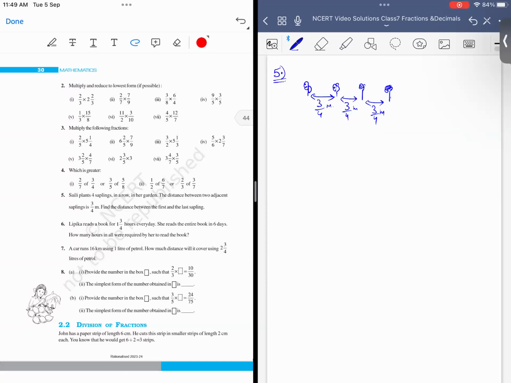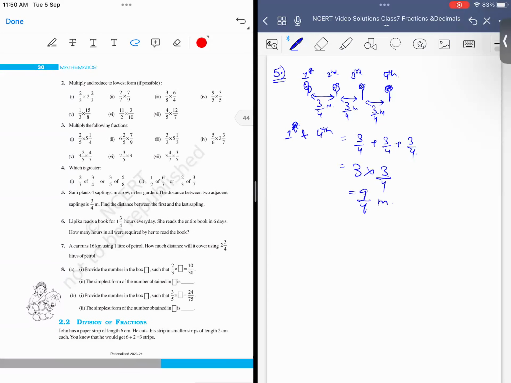Now it is saying find the distance between the first and the last. If we number them first, second, third, and fourth, what is the distance between first and fourth? 3 by 4 plus 3 by 4 plus 3 by 4, right? Or 3 times 3 by 4, that is 9 by 4 meters.